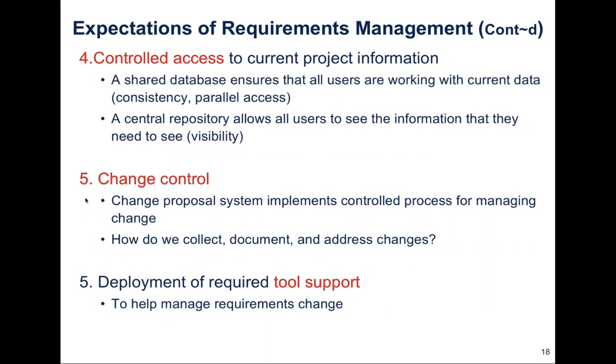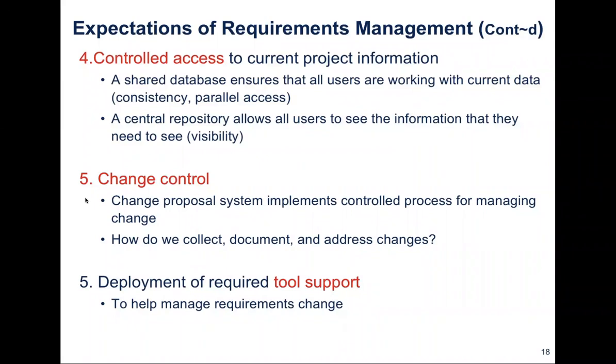So this shared database could ensure that all the users are working with current data. This helps in the consistency and even provides parallel access. Also, to provide a control access to the current project information, we should have a central repository that allows all users to see the information that they need to see, which provides a better visibility of the entire project.